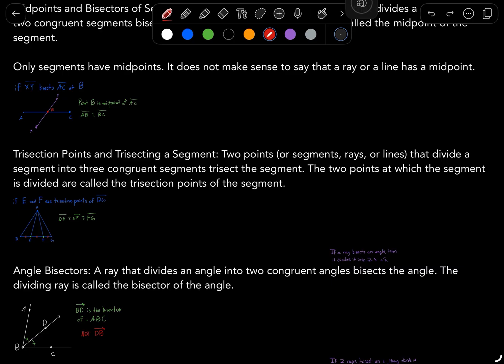The tri here just means three, as in there are three congruent segments as a result of being trisected by two points. The two points at which the segment is divided are called the trisection points of the segment.